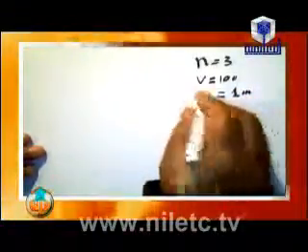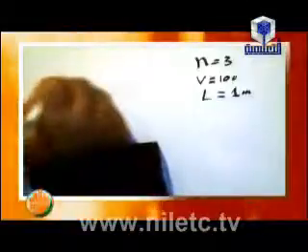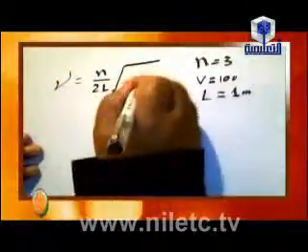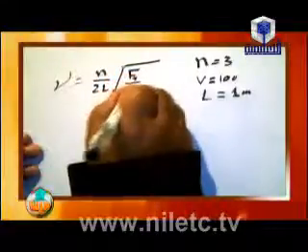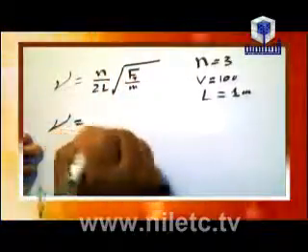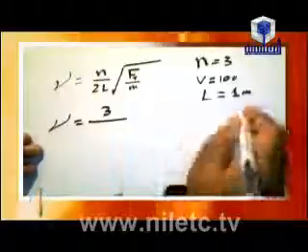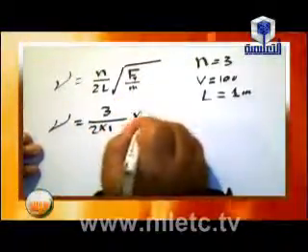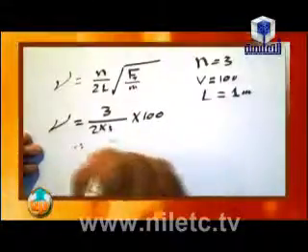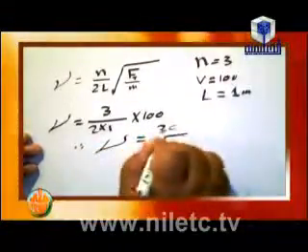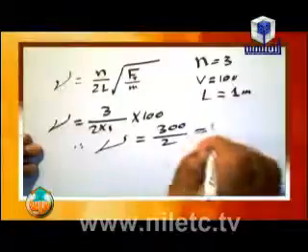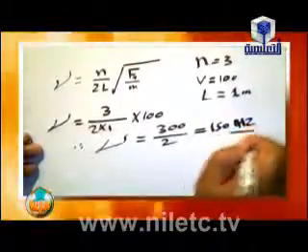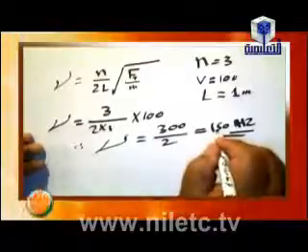Nu equals n over 2L root ft over m, so nu equals 3 over 2 times 1 times 100. Then the frequency is 300 divided by 2, which is equal to 150 hertz. This is the frequency of the second overtone.